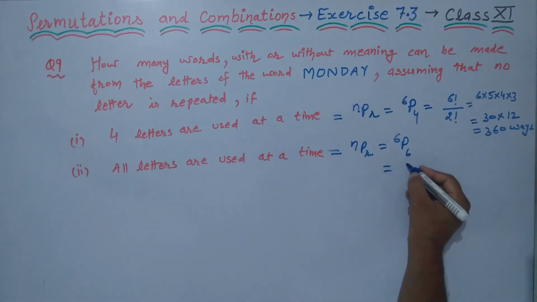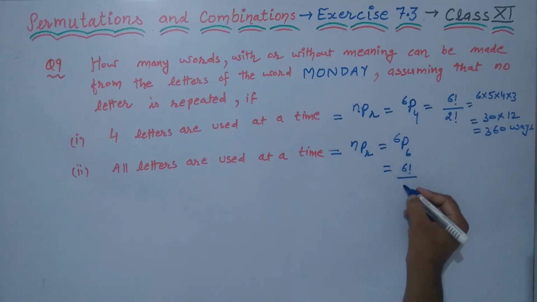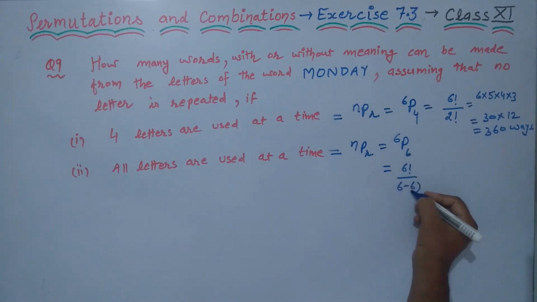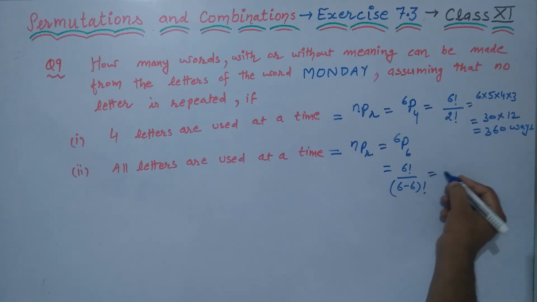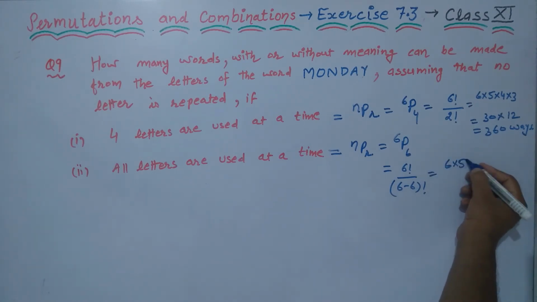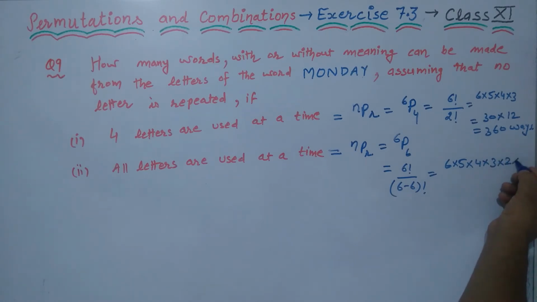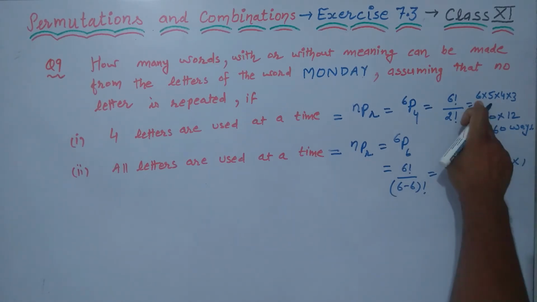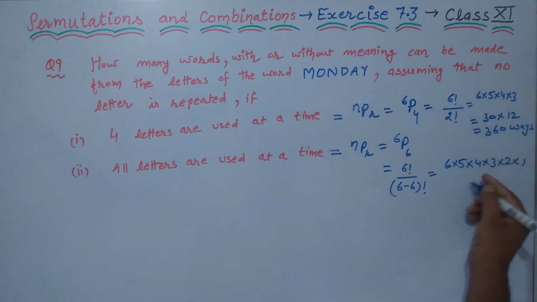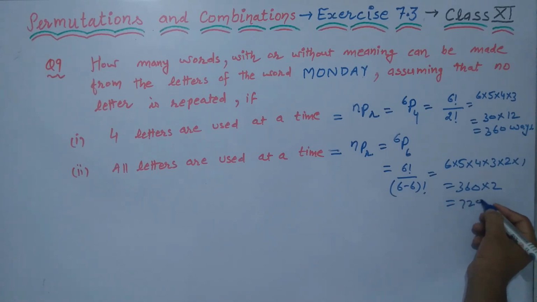So we have 6 factorial divided by 6 minus 6 factorial. This is equal to 6 into 5 into 4 into 3 into 2 into 1. So up to 360, the answer is 360. Next, part 2 is equal to 720 ways.